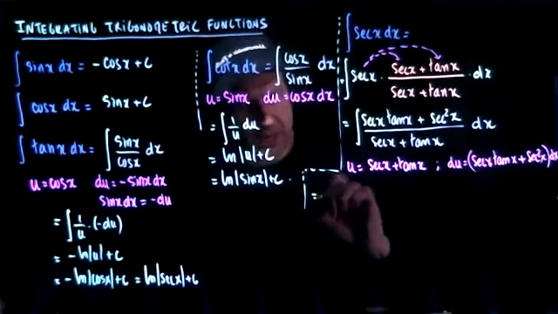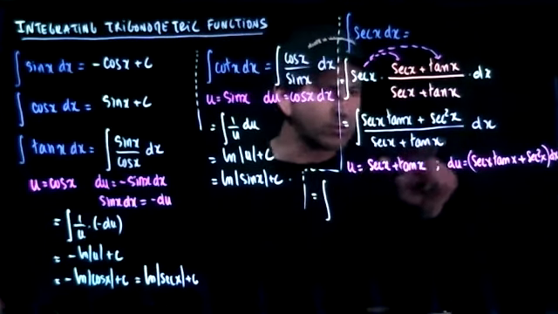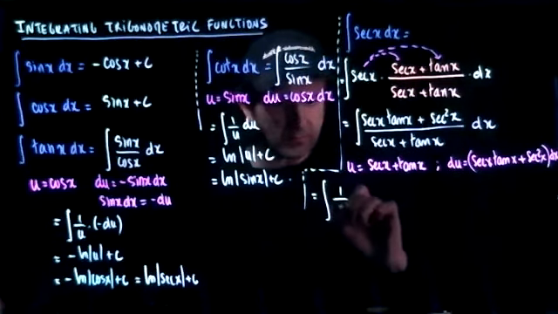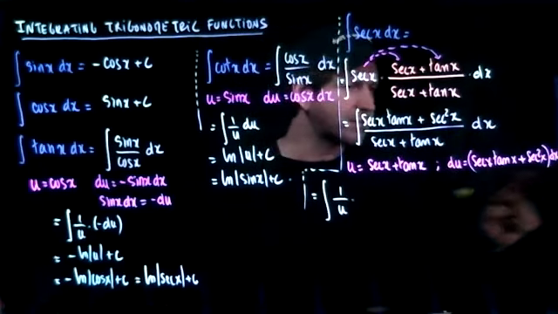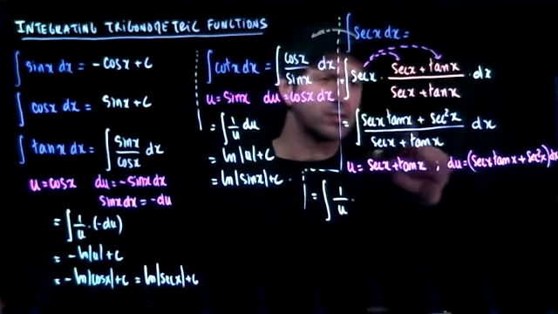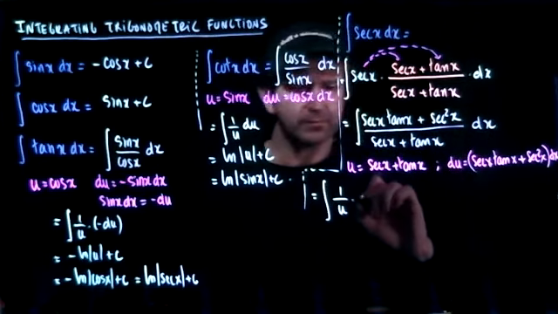So it becomes the integral of, so what do I have here? What's my integral? So 1 over u times, and the numerator is exactly this, right? Secant tangent plus secant squared dx is exactly du.